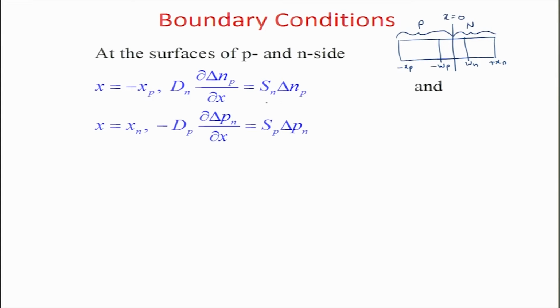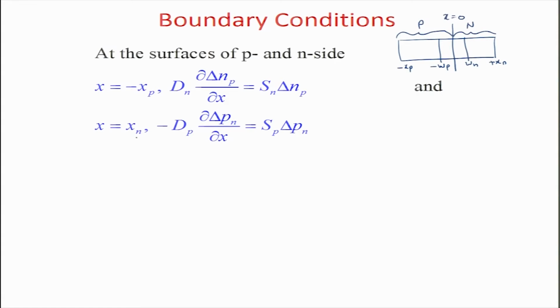This is the recombination term that we saw when we were talking about surface recombination. On the surface, you can say the diffusion current is limited by the surface recombination. So, the carriers which diffuse out get recombined at the surface.